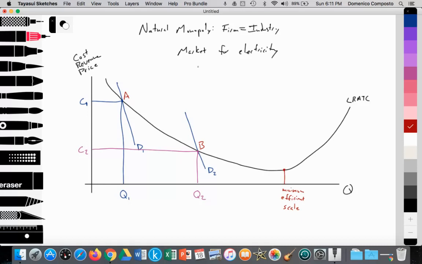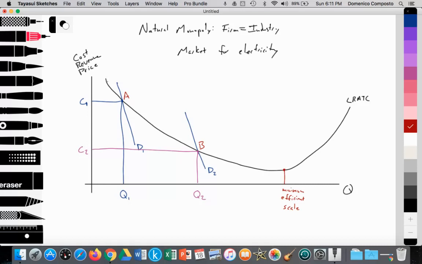So let's go ahead and analyze this as we would for a paper 1 IB exam. As can be seen, we have an economic model illustrating a natural monopoly where the firm is the industry. We're looking at the market for electricity, and on the x-axis we are measuring the quantity of electricity being produced by the firm, and on the y-axis we're measuring the cost of production, and as well we are measuring the revenue and price.